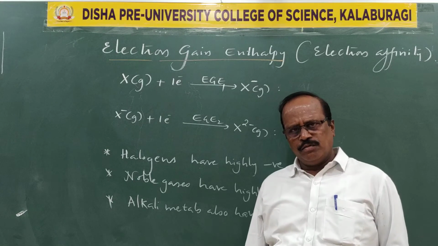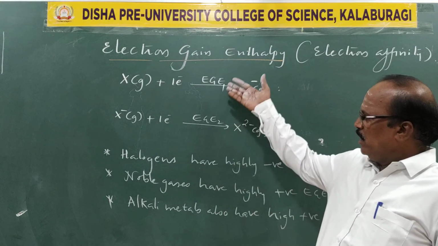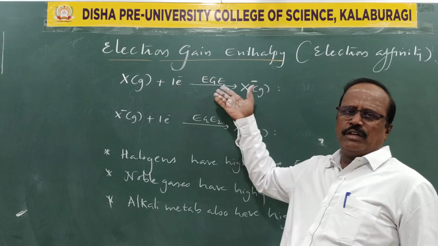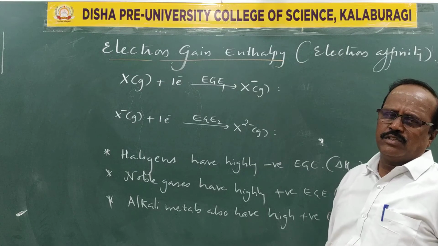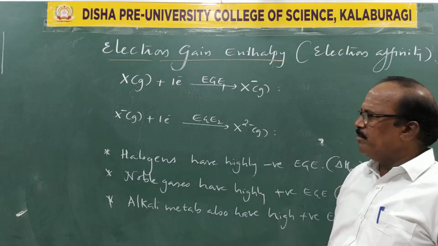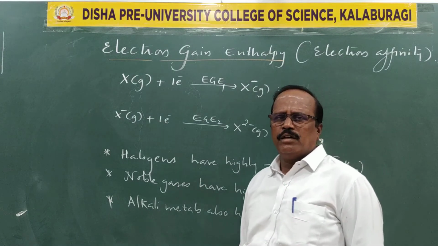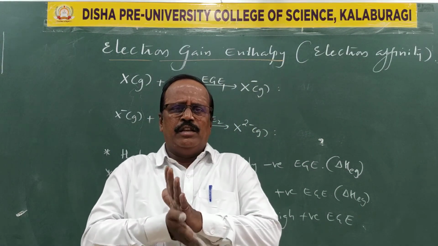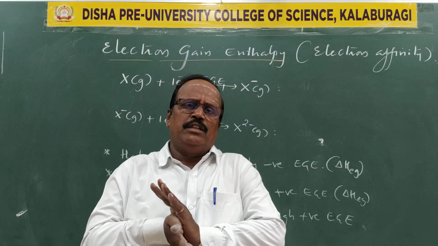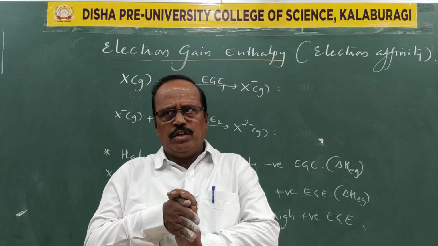So this will be continued in the next visit. We will take up values for some known elements in this connection, and then afterwards we can switch over to the electronegativity concept.